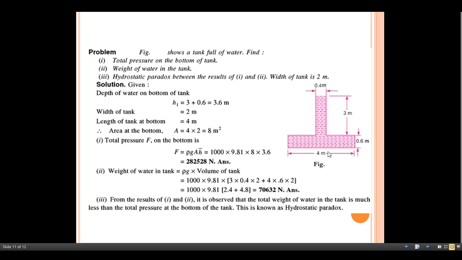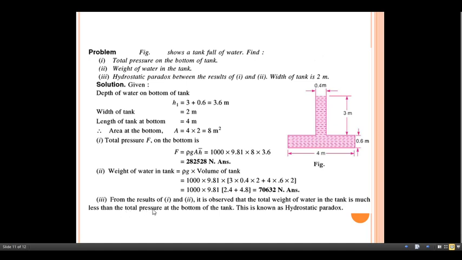Then 4 multiplied by 0.6 multiplied by the width 2. Do the calculation and get the weight of the water in the tank. That weight must be 70,632 Newton.